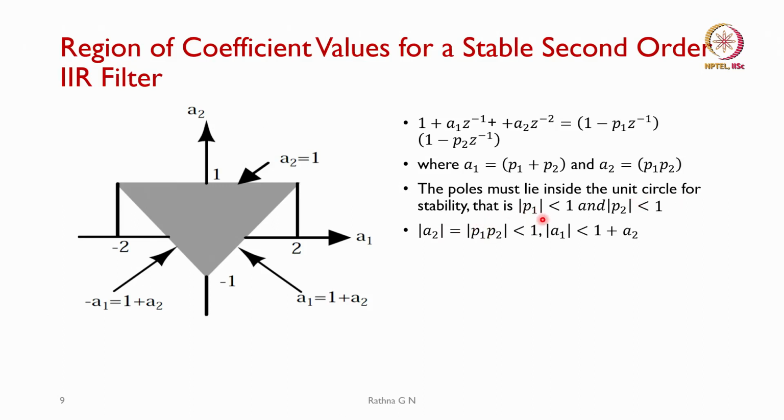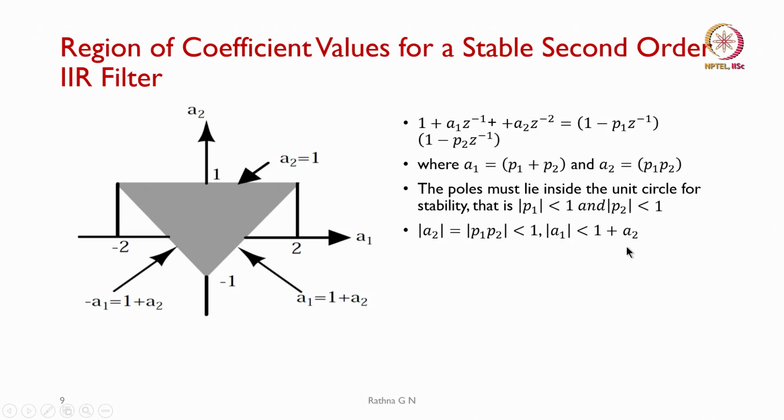That means the magnitude of P1 should be less than 1 and the magnitude of P2 also has to be less than 1. Then the magnitude of A2, given by the magnitude of P1 into P2, is less than 1. So, A1, as you can see, is 1 plus A2.